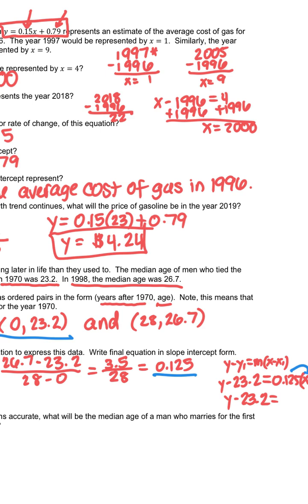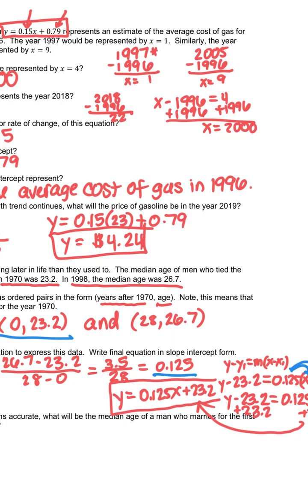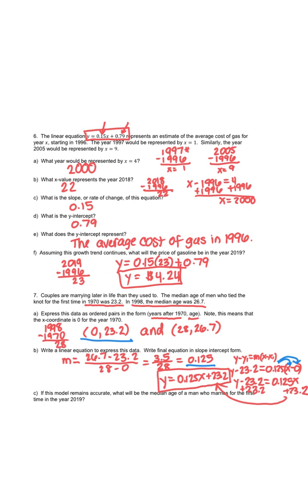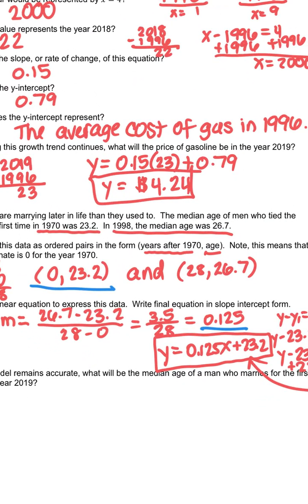Distribute this 0.125. And it's kind of nice because we have that 0. So we end up with 0.125x. Bring this 23.2 over. So add 23.2 to both sides. And we end up with this answer right here. y equals 0.125x plus 23.2. And that is our linear equation.